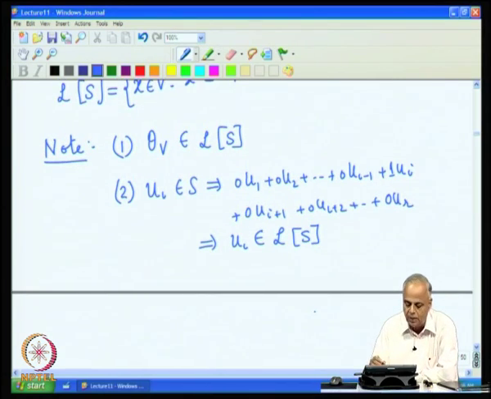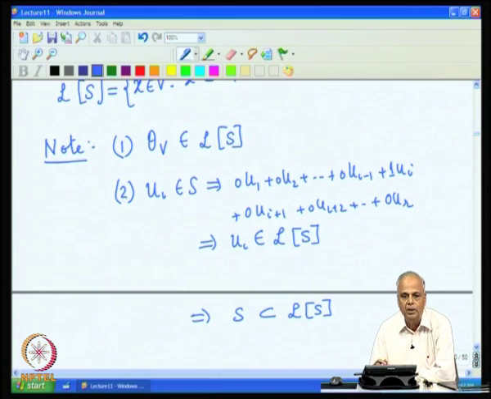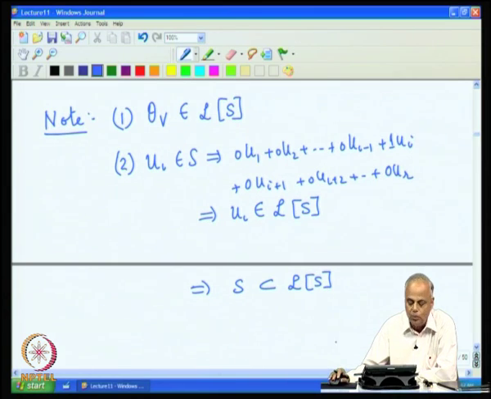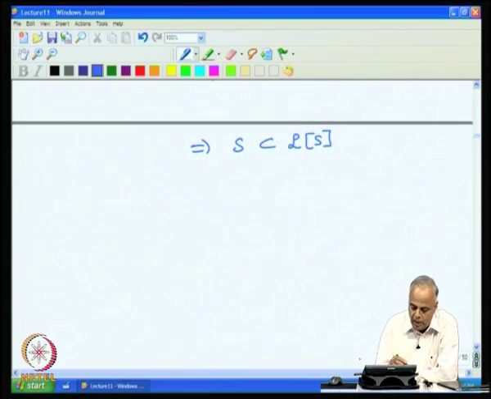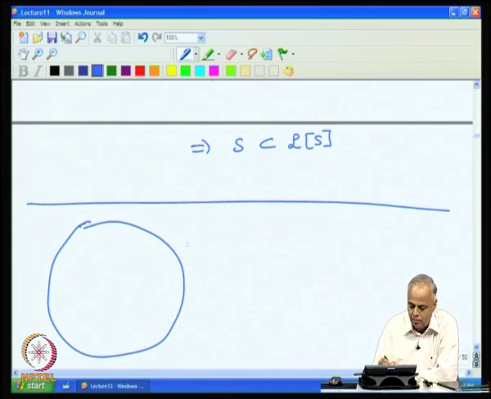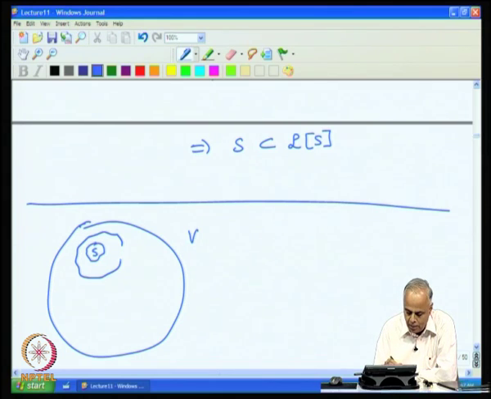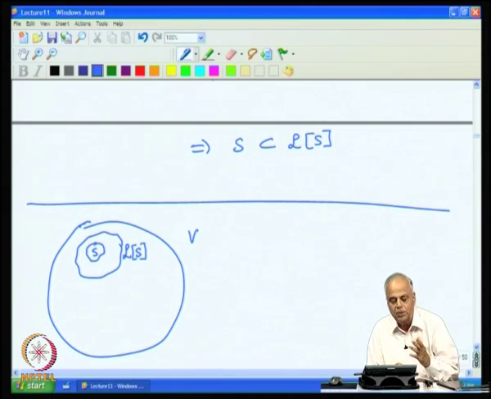So, every vector of S is a part of LS, that means S is contained in LS. So, these are two simple observations. So, now what have we achieved? First, we had this vector space V, in that there was this small finite set S. Using that set, we have built a bigger set called LS. So, we had the big vector space, inside that a small collection of sets S were given.